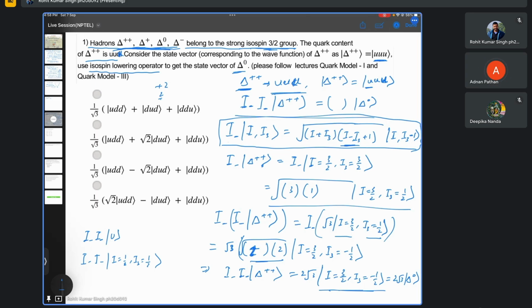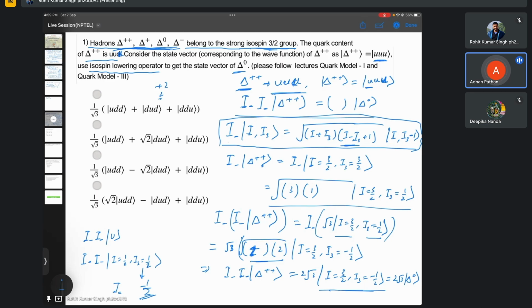But applying one time is fine, because this will go to minus half. But what will happen if you again apply I minus on this? It should give 0, right? So I will be 1/2 and I3 will be 0.